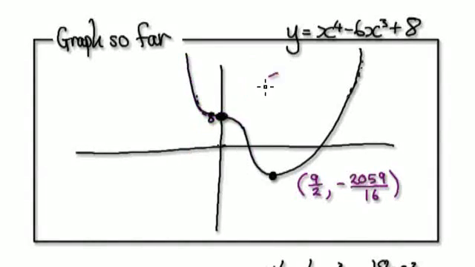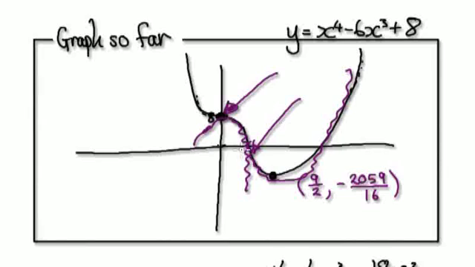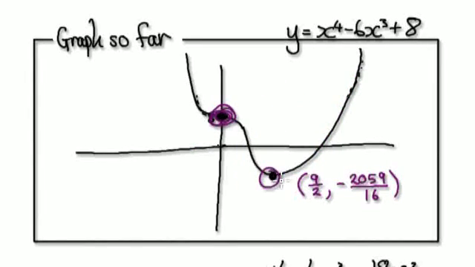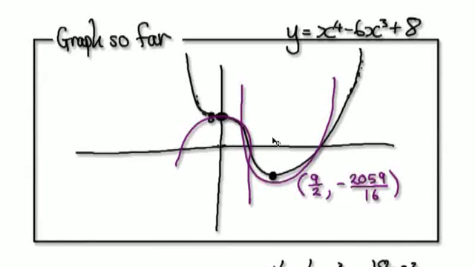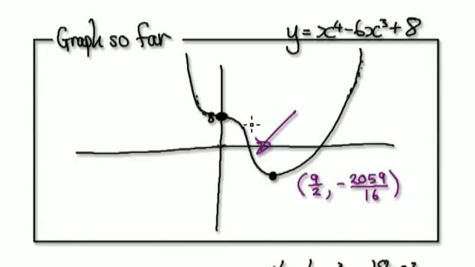So you've got a point of inflection right here. Then this here is concaving down, and this here is concaving up. So we should have another point of inflection somewhere between here and here, because here it is concaving down and then here it is concaving up.